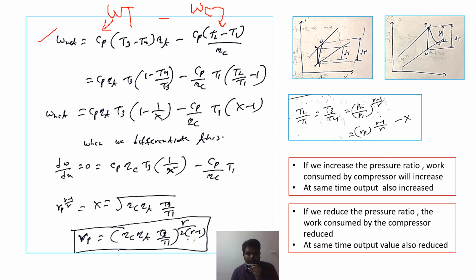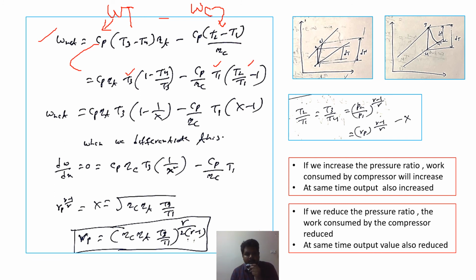So this we can write it as Cp into efficiency of the turbine, if you take T3 common, 1 minus T4 by T3, minus Cp by isentropic efficiency of the compressor into, if you take T1 common, T2 by T1 minus 1.